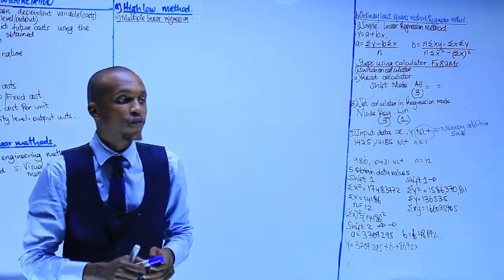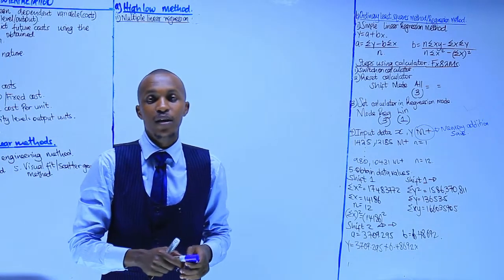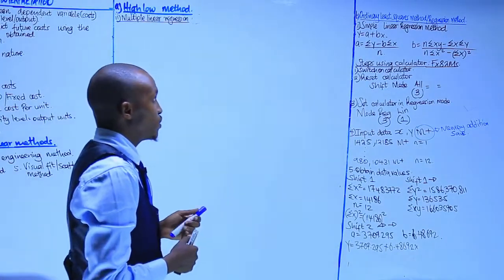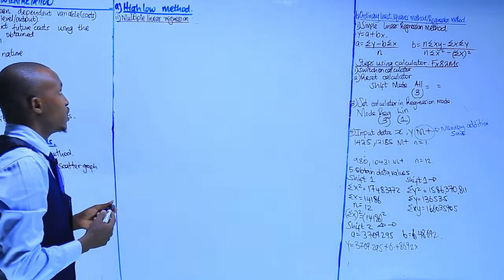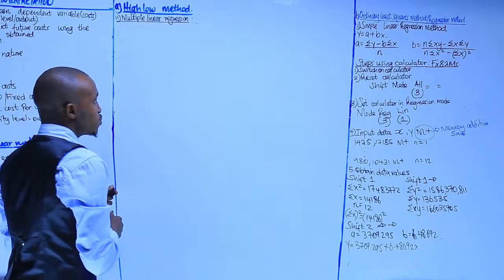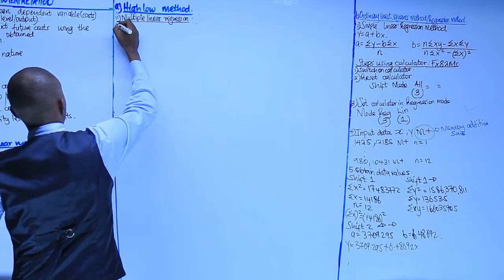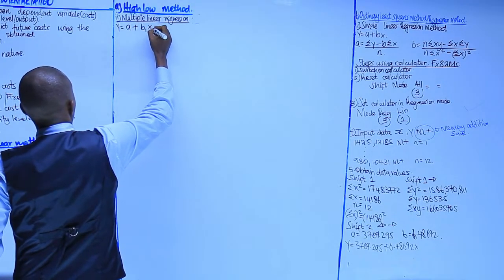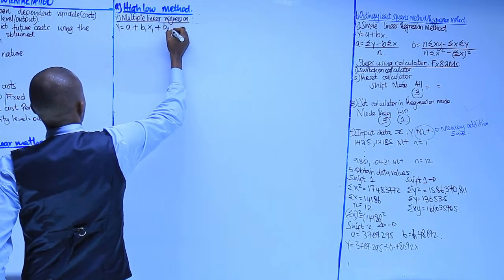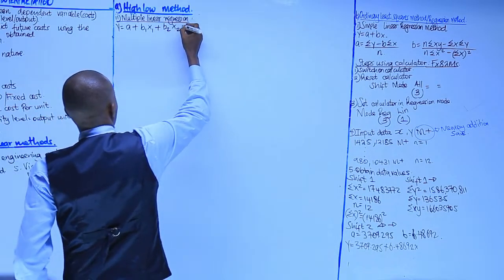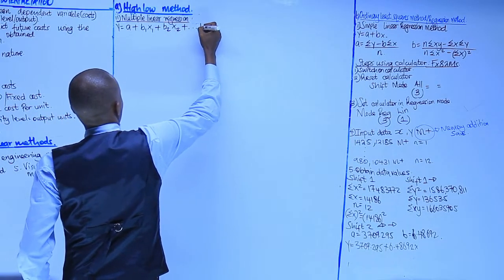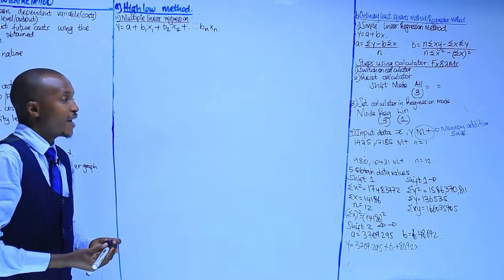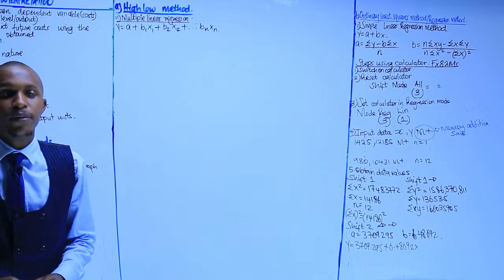So where you have more than one independent variable, you introduce multiple linear regression, but your equation is still a straight line. So it must be of the form y is equals a plus b1 x1 plus b2 x2 all the way to bn xn, where x represents your independent variables.